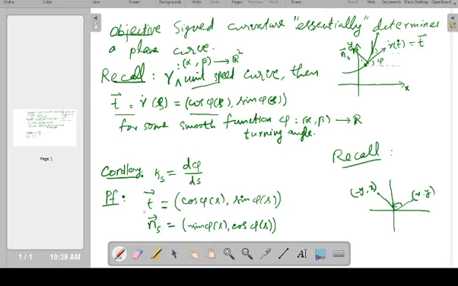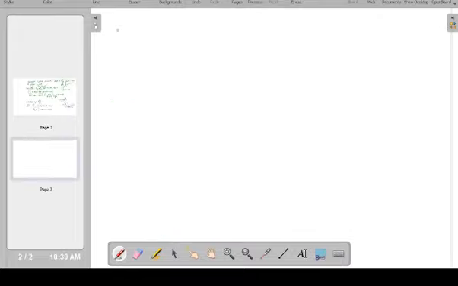This is Ns. Let us compute T dot, that means dT by ds. Dot represents differentiation with respect to s. What was T? Vector T was cos phi of s comma sin phi of s.